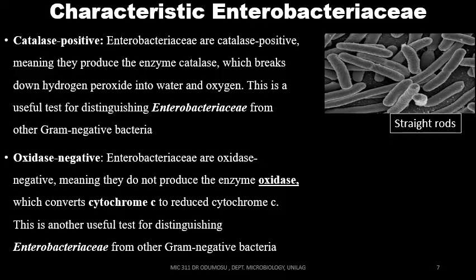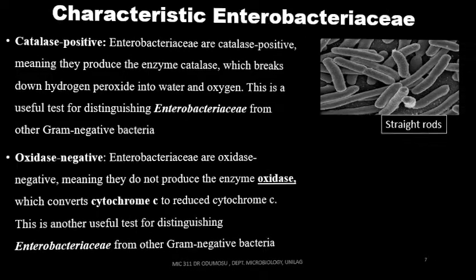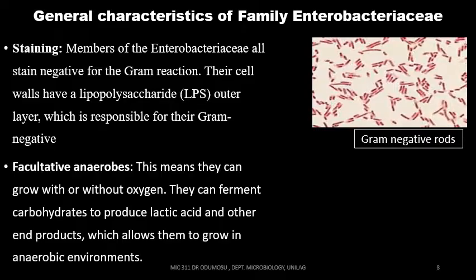So it can help us to differentiate them from other organisms, because the cultivating media also facilitate the growth of other bacteria, so it's not easy. And some other bacteria are also lactose fermenters. So the way to differentiate them fast is by carrying out catalase and oxidase tests apart from the staining characteristics.